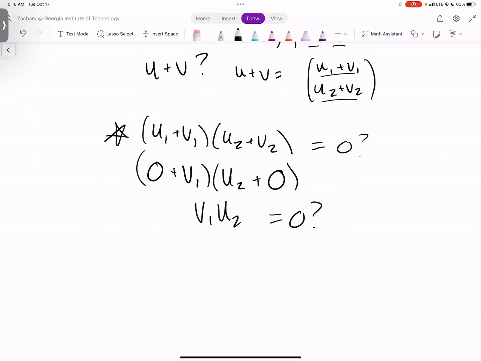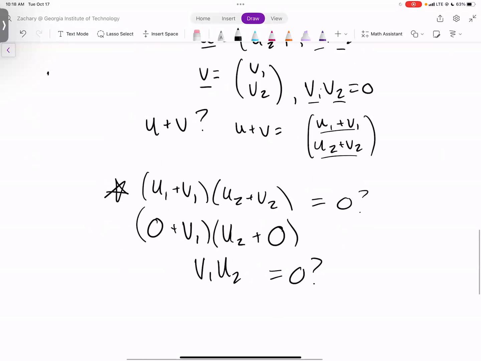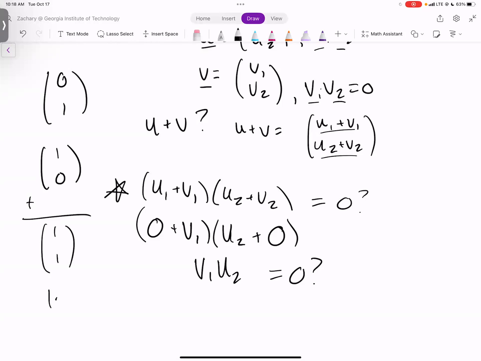It can be, but it also can not be. What I mean by that is we can pick u to be 0, 1, and v to be 1, 0. And when we add these two vectors together, we get 1, 1. And when we multiply 1 times 1, this does not equal 0.